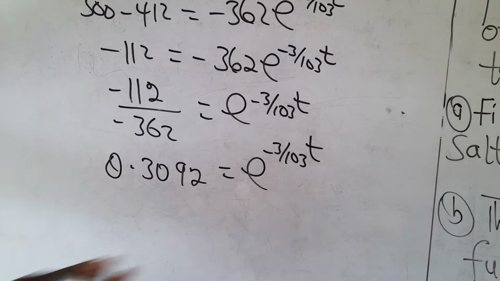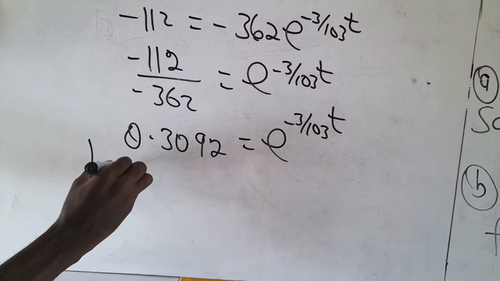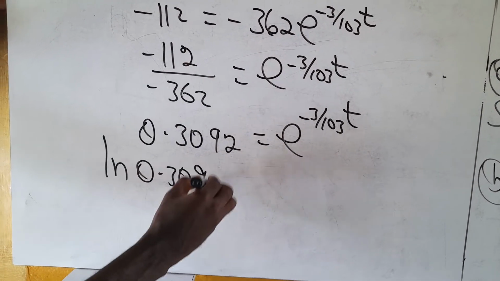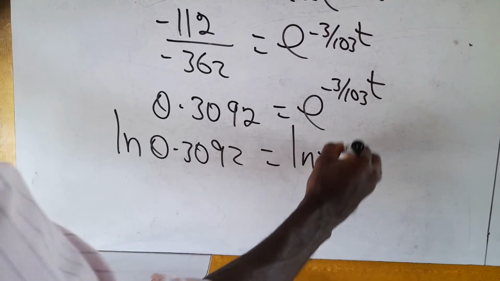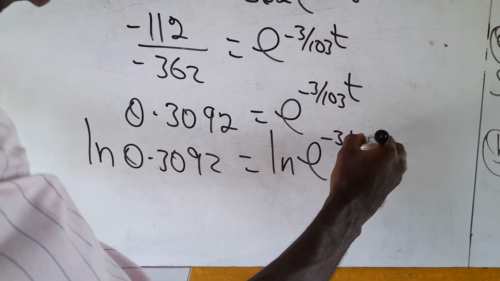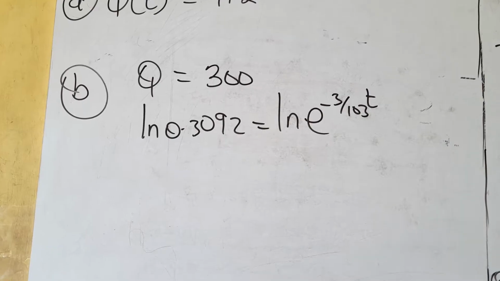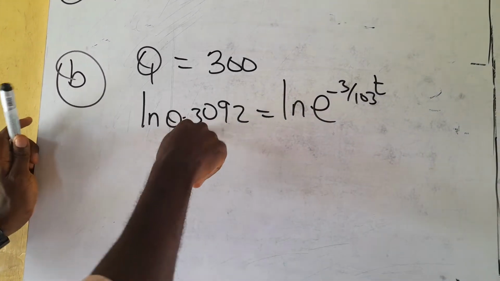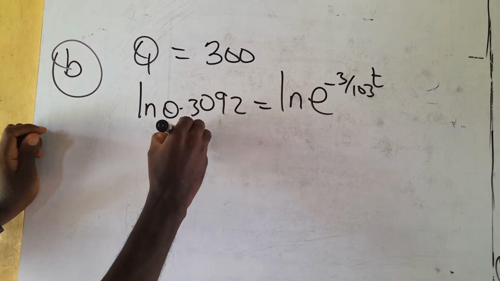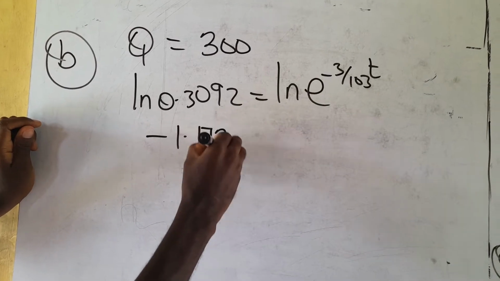What do we do? We take ln on both sides. So we say ln 0.3092 will be equal to ln of e exponent negative 3 over 103 T. So ln 0.3092 will be negative 1.1731.